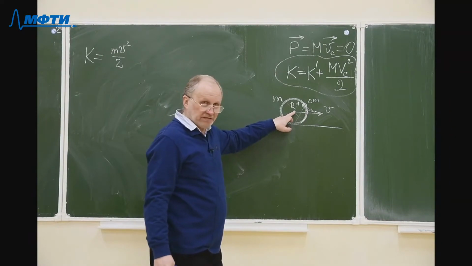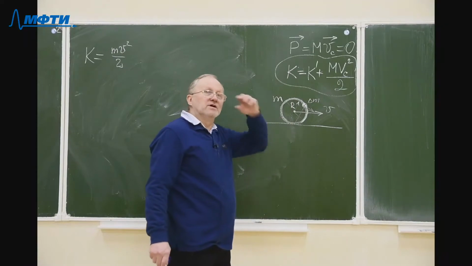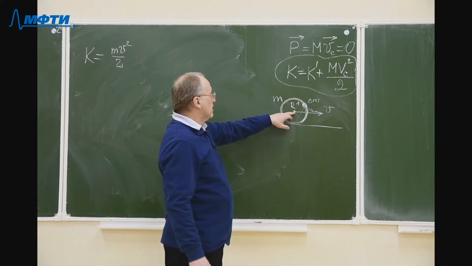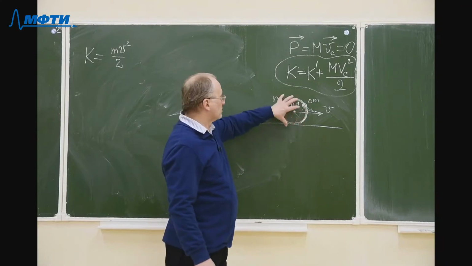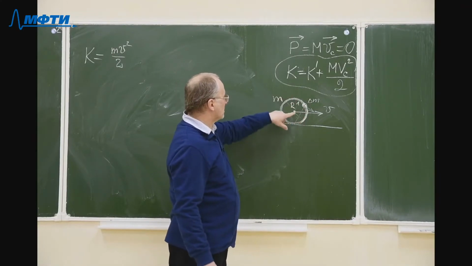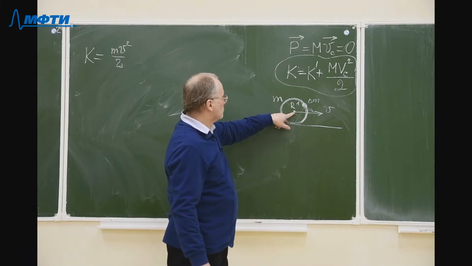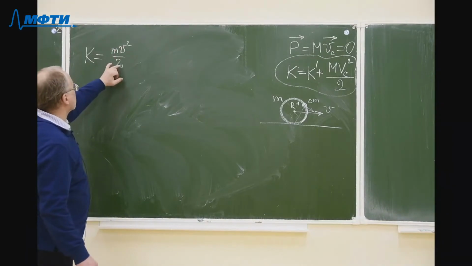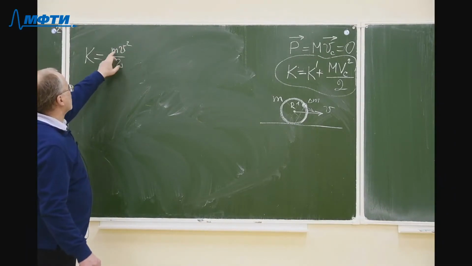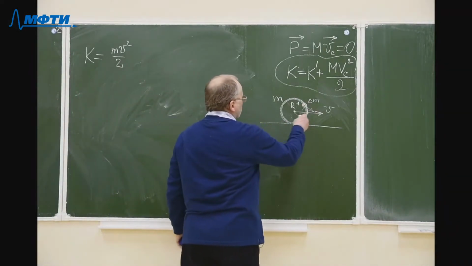It's not concentrated in the center, but it's proven in Koenig's theorem that you imagine an imaginary object whose mass is concentrated totally in the center of mass, moving with the given velocity, and that will be its kinetic energy. But the mass is not concentrated in the center.